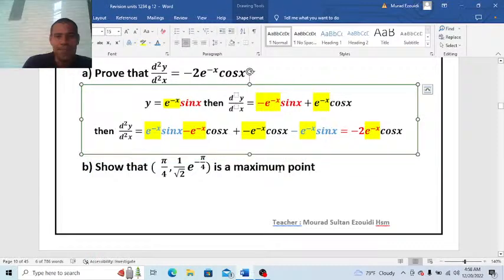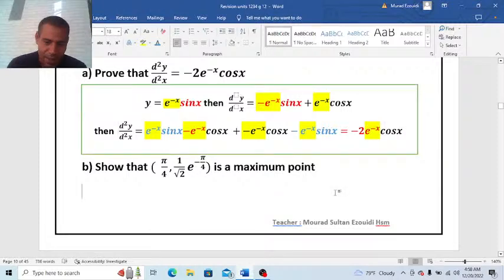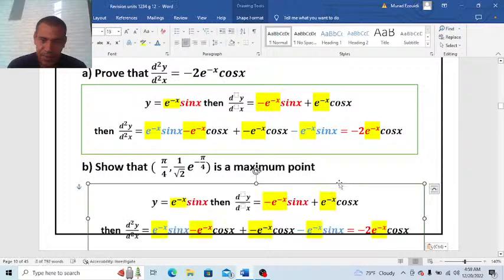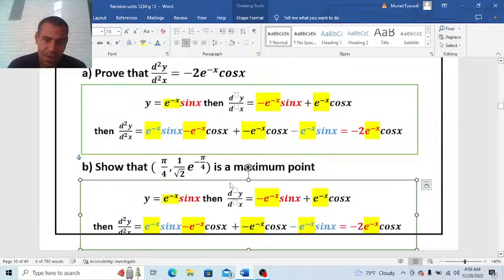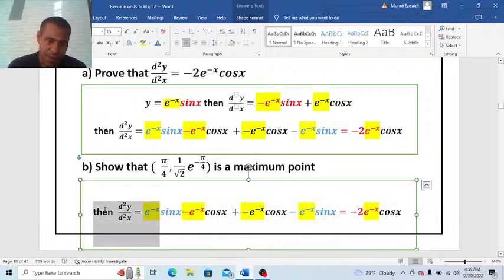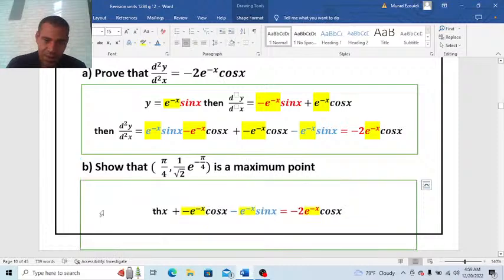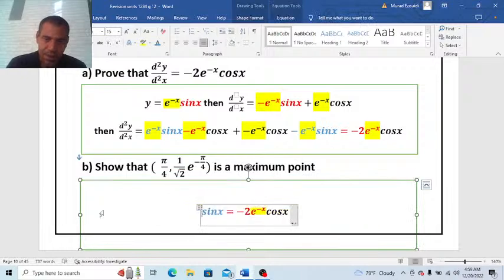Maximum. Just here, my learners, you will do direct application. You will change x with pi over 4. So I will just write the last answer, the proof, or I will use this one. I will copy it here. So y dash, I will erase all of this, no need.